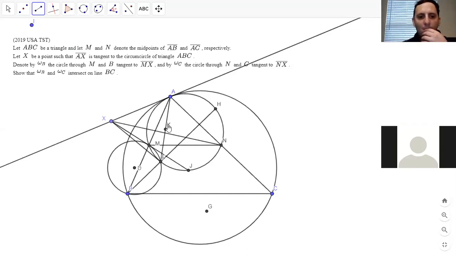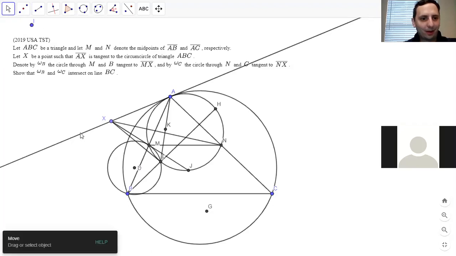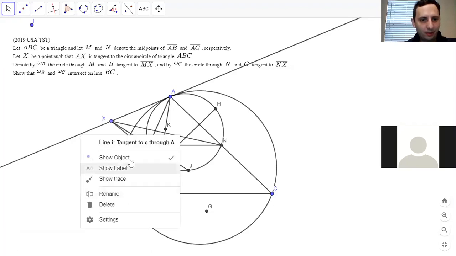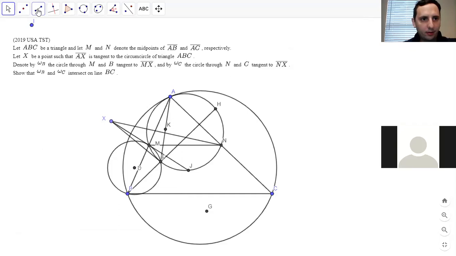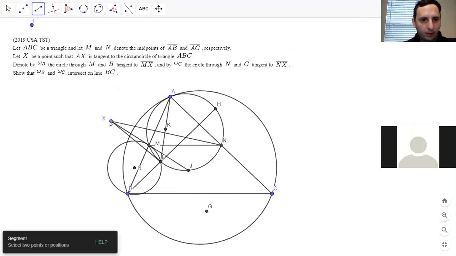Yes. And we see that M is the midpoint of AB and K is the midpoint of AF. Ah, that solves it. I like it. That's a really nice solution. Okay, I'm gonna hide this. I'm just gonna draw AX for now, and I'm gonna start writing this up.